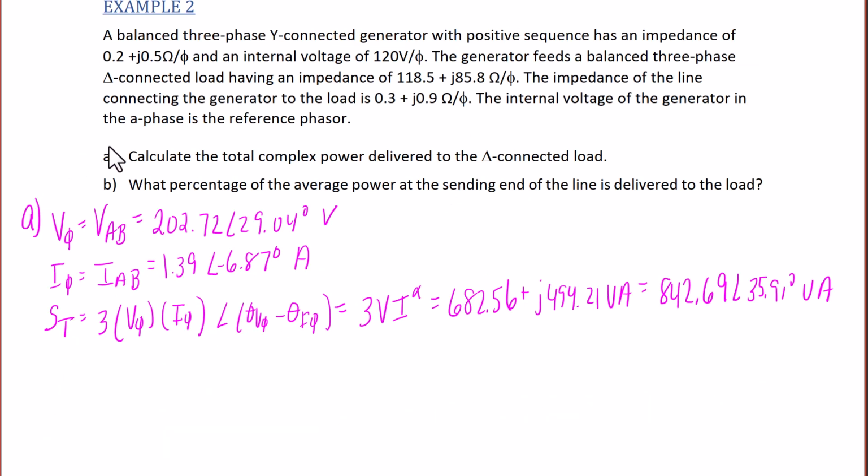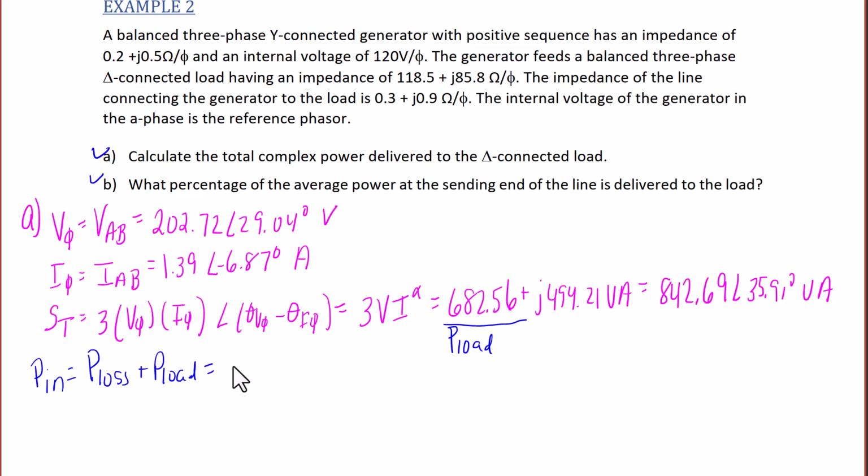Part B says, what percentage of the average power at the sending end of the line is delivered to the load? So the first thing we should see here is that using this real part of the total power, we note that this value here is actually P load. So P in is going to equal P loss plus P load.